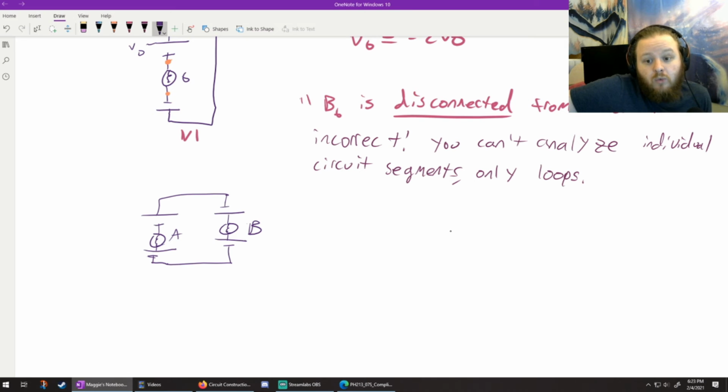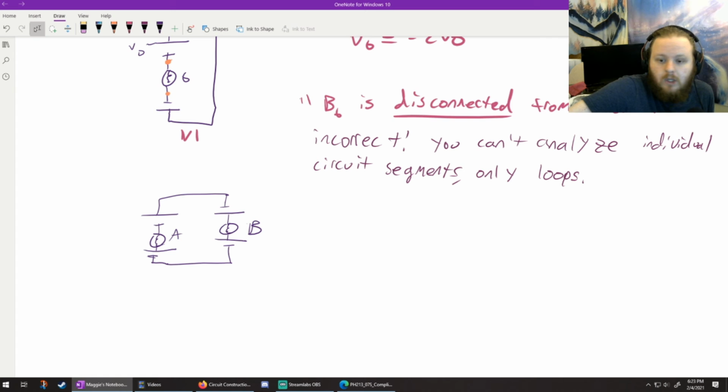Student 1 says bulbs A and B are in parallel branches. Since bulb A is connected to a positive and negative battery terminal, the left branch is a complete circuit, and so bulb A will light up. The right branch is not a complete circuit. Therefore, bulb B will not light up.